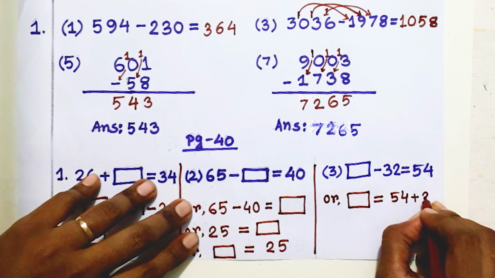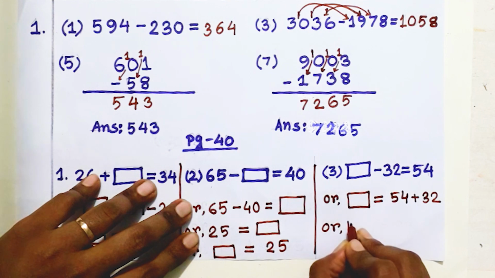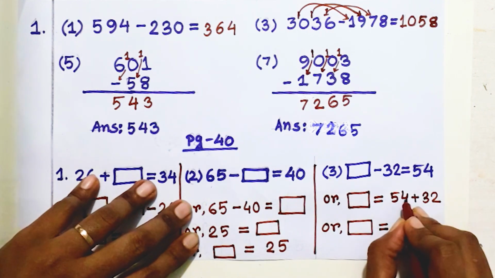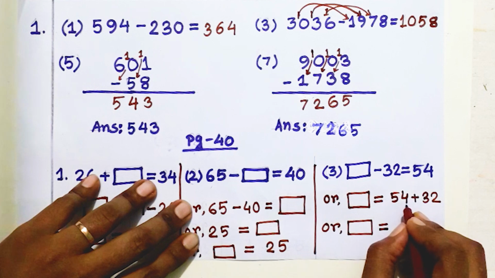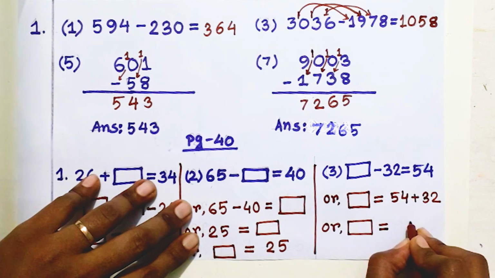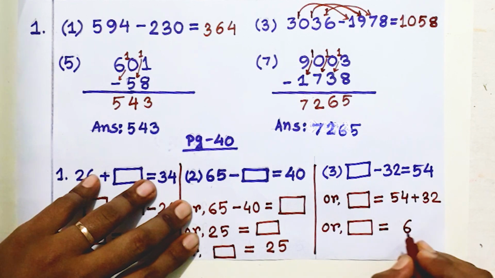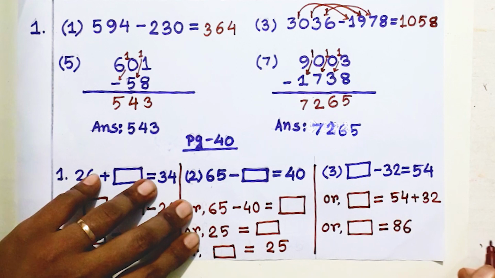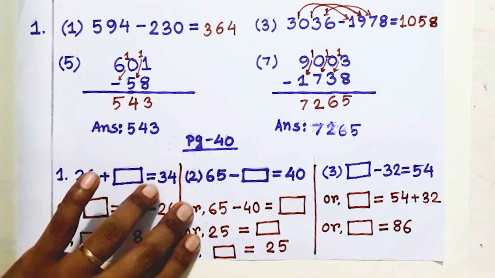Here is 32. 4 plus 2 is equal to 6, and 5 plus 3 is equal to 8. So the answer is 86.